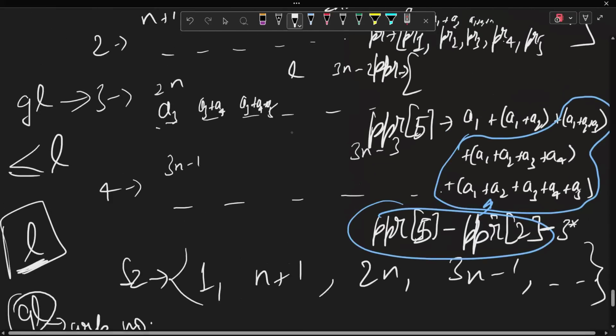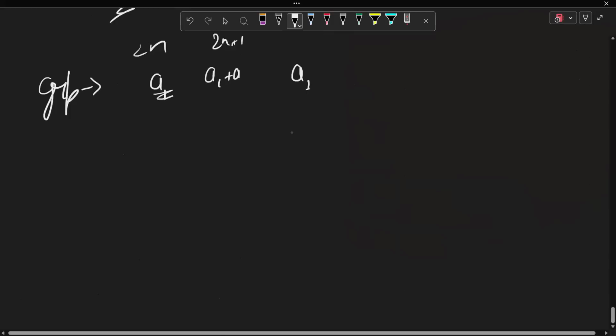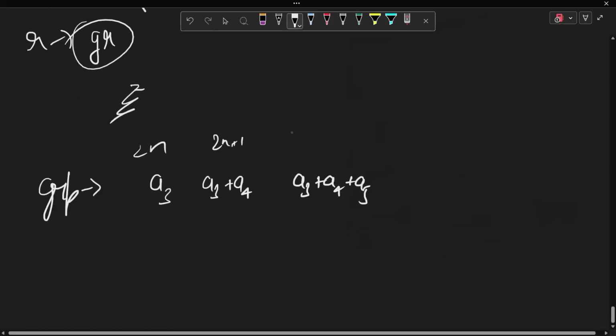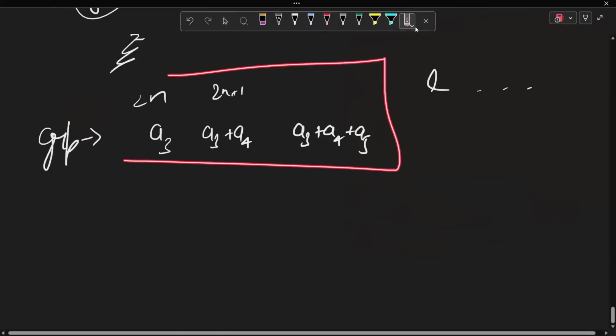Sorry, this was A3: A3, A3 plus A4, and A3 plus A4 plus A5. That's the sum that we needed to compute. Then I have L here and something else. So I needed to compute the sum up till this index.